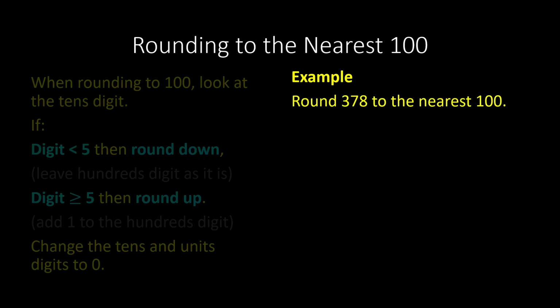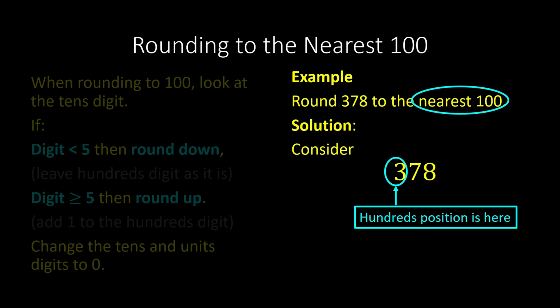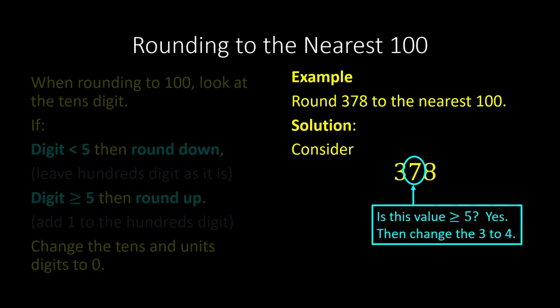Now we're required to round 378 to the nearest 100. So let's consider this number. Here's the hundreds position, and we have to examine the value in the tens position. So we're asking, is this value greater than or equal to 5? Yes, clearly 7 is greater than or equal to 5.